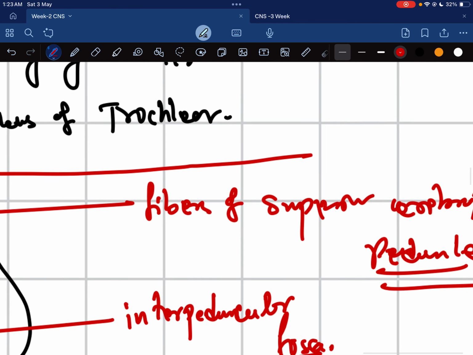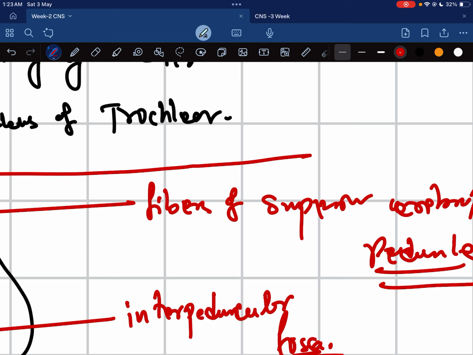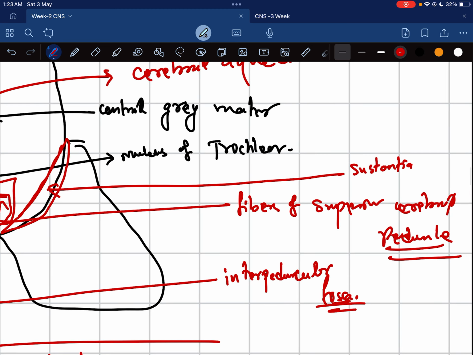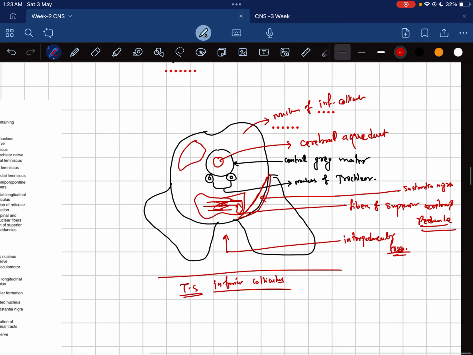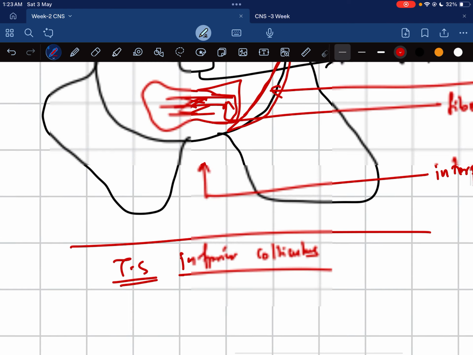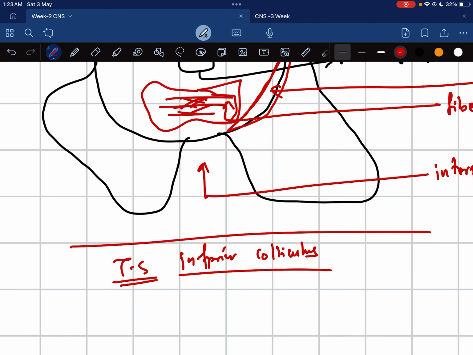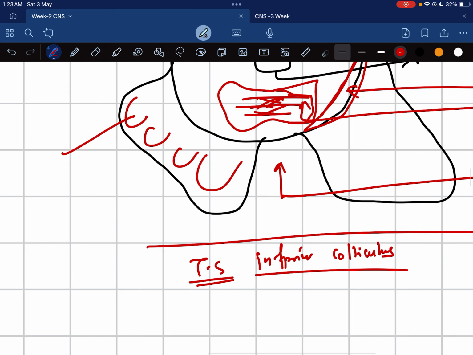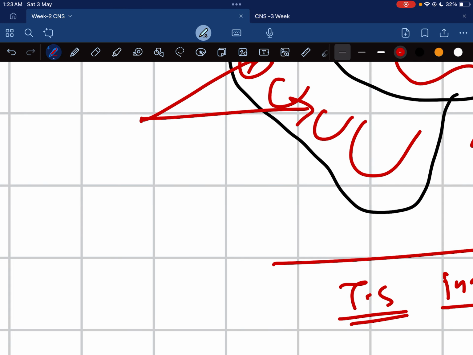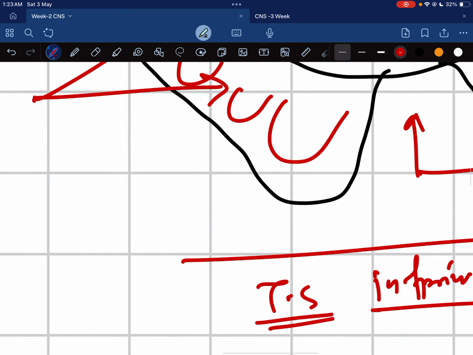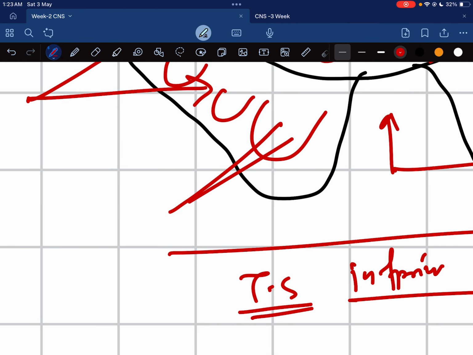These nuclei are known as the substantia nigra. And in the crus cerebri there are motor pathways descending in this region. These are corticospinal fibers, corticoreticular fibers, corticonuclear fibers, and also pontopontine fibers.